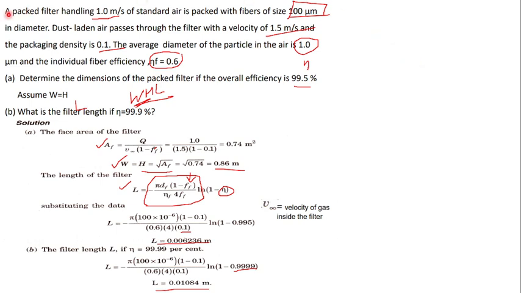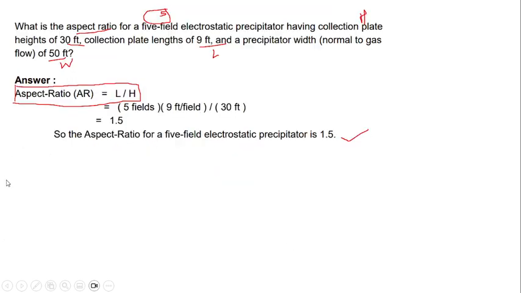And next is a packed filter based problem. In this one also, to calculate the dimensions W, H, L, we have the standard formulas. We have to substitute the data given in the correct unit to arrive at W, H and L, which are the dimensions of the filter. Next is the aspect ratio.